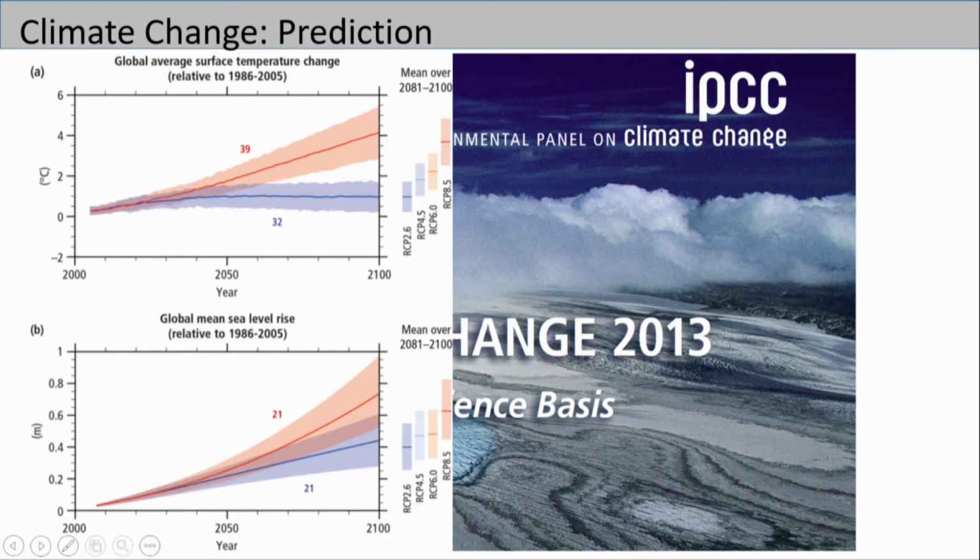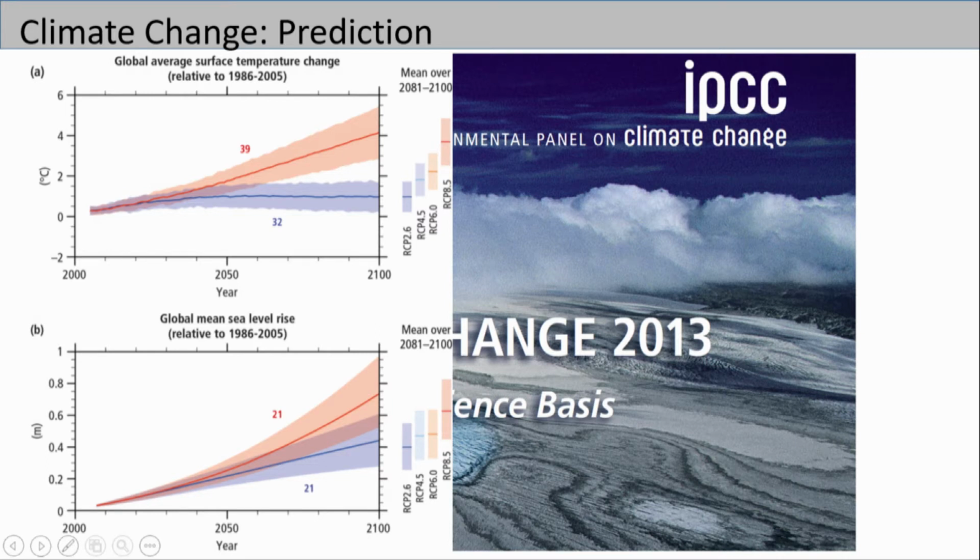Now, since the temperature is going to increase, it will not be the only change, because Earth, as I said, is a closed system and a dynamic system. If things are going to get warmer, it will increase the sea level. So it is also predicted that the sea level is going to increase by almost a meter on the higher side, or 0.8 to 0.9 meters.